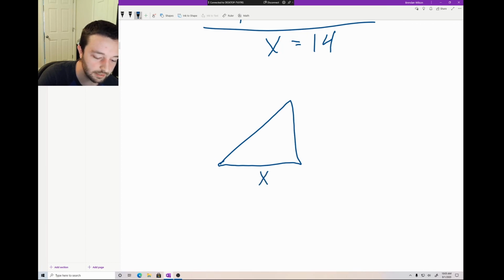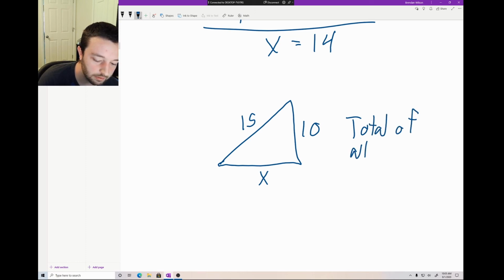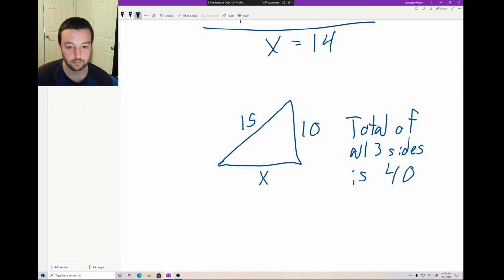We do know what this side is. It's 10. And we know that this side is 15. And we know that the total of all three sides is 40.